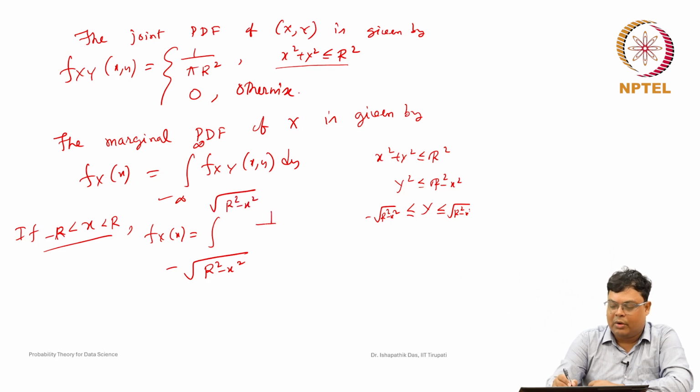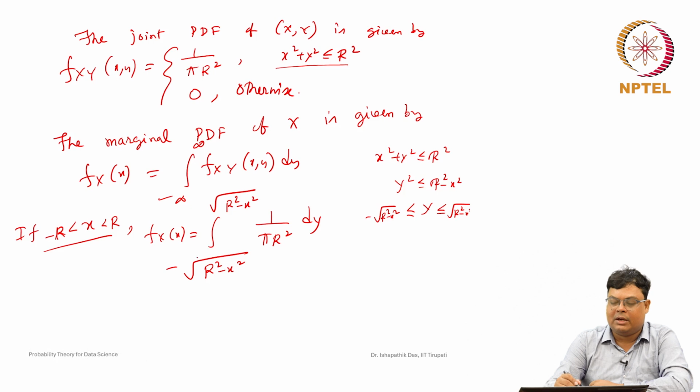Otherwise the value will be 0. In this region the density is 1 by pi r square, then dy. If you make a mistake here, we will not find exactly the probability density function, so you have to find this limit properly.